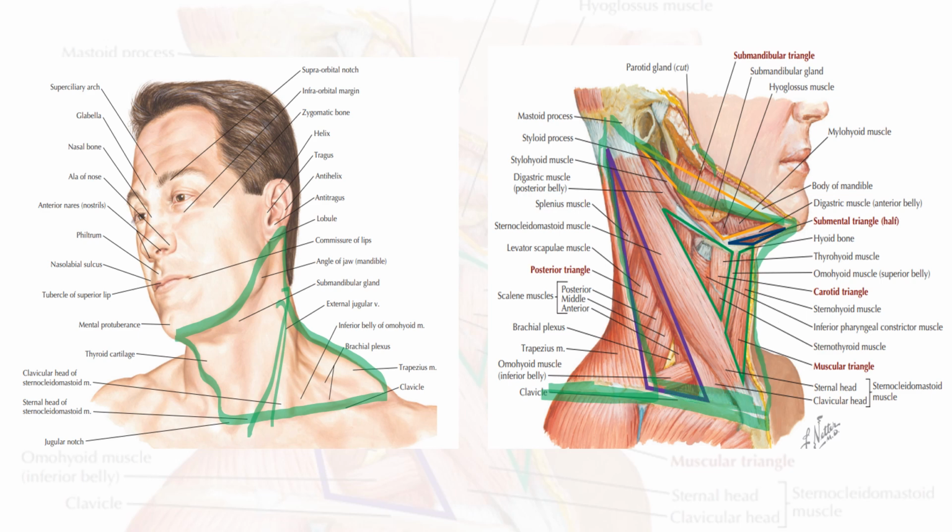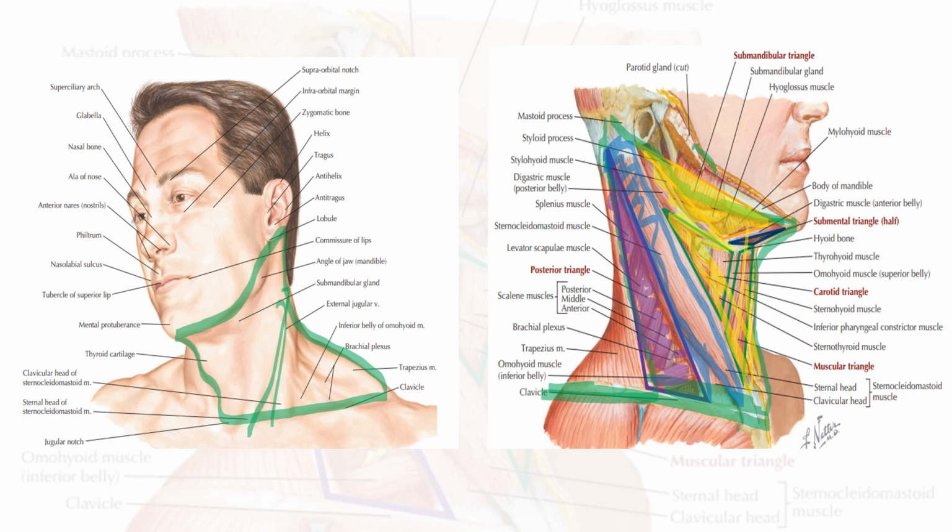So this area is a quadrilateral area, and here you can appreciate this muscle. This is the sternocleidomastoid muscle. So this muscle is dividing this area into 2 triangles, the posterior triangle which I am shading now. This is the posterior triangle and the anterior triangle. This one is the area of anterior triangle.